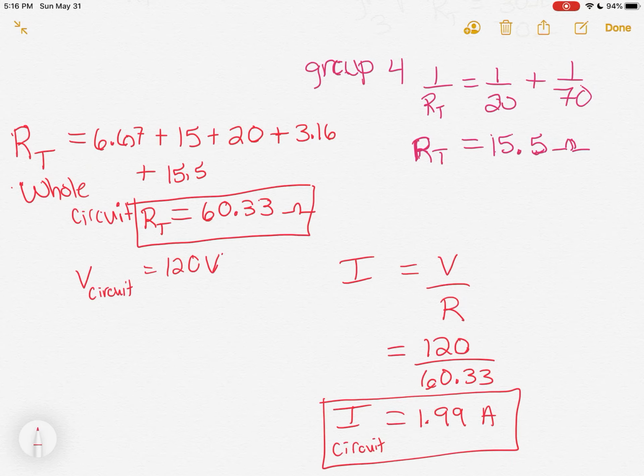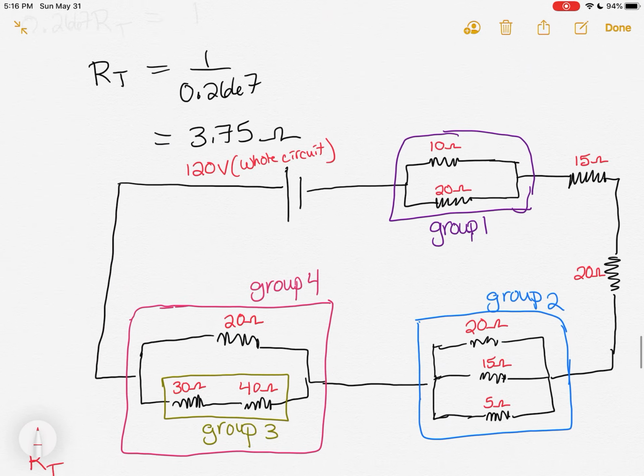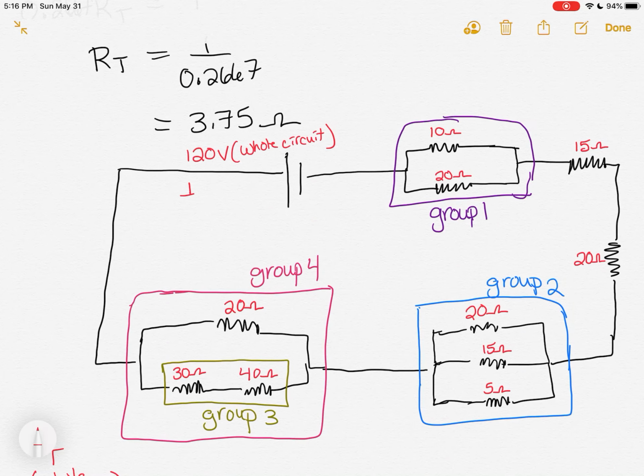And so we're going to go back to our circuit picture, and we're going to look and see how we're going to be able to calculate voltages and resistances at every single resistor. Okay, so we know now that our current is 1.99 amps for the whole circuit, and we always knew that our voltage was 120 volts.